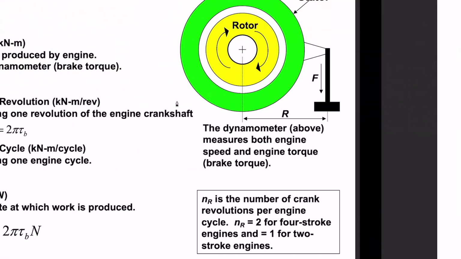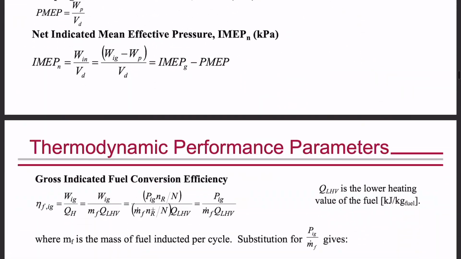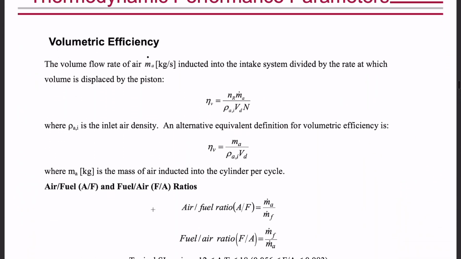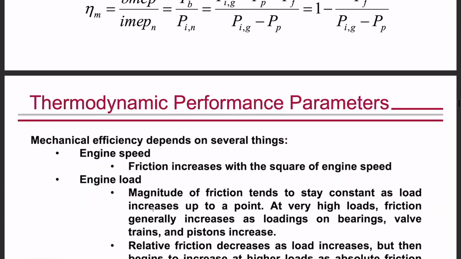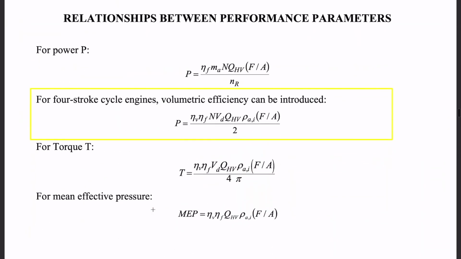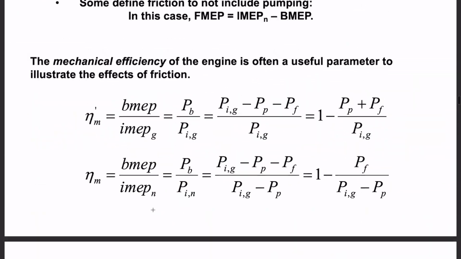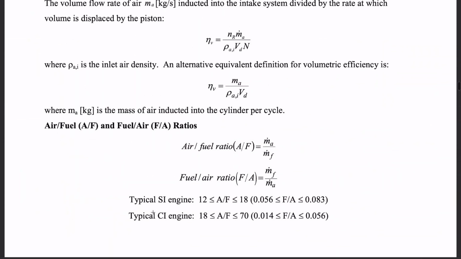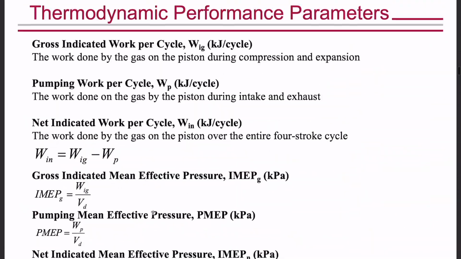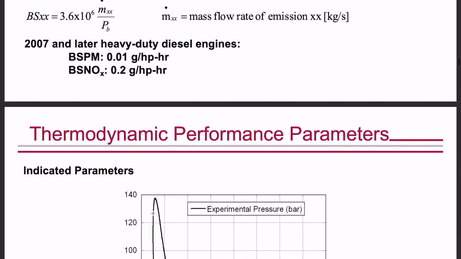The friction mean effective pressure. If you just scroll a little bit further down in your notes, you'll see a definition for friction mean effective pressure. Let's see here. Oh, I think I might have passed it. But basically, friction mean effective pressure is your IMEP net minus your BMEP. I can't find it.